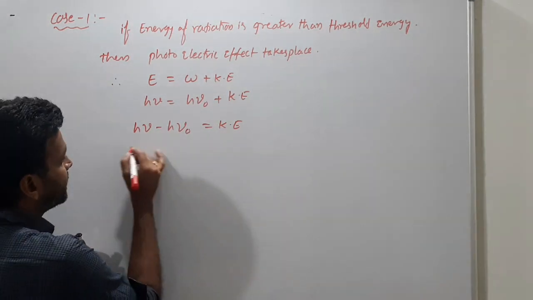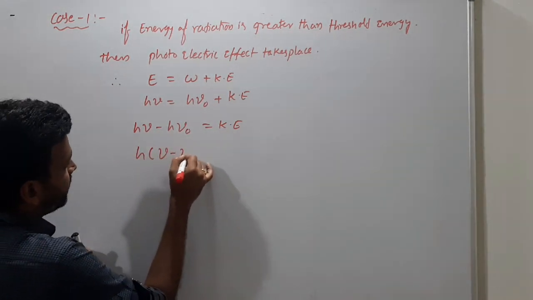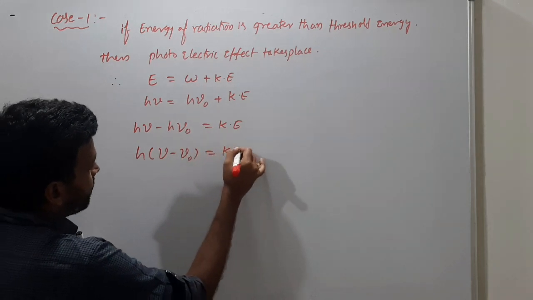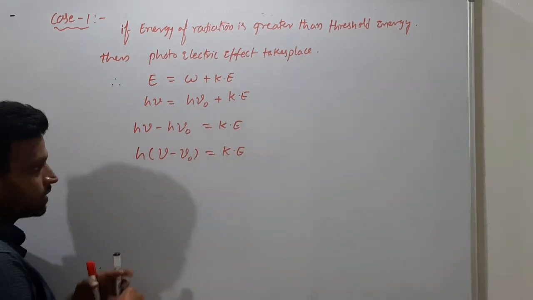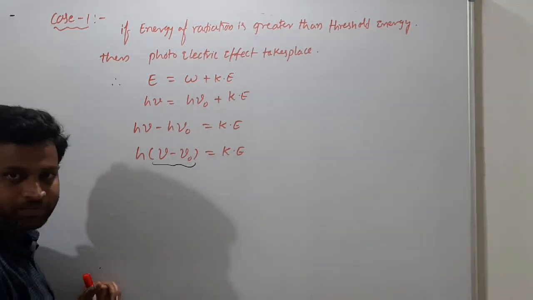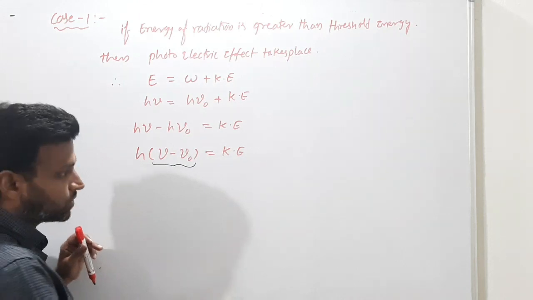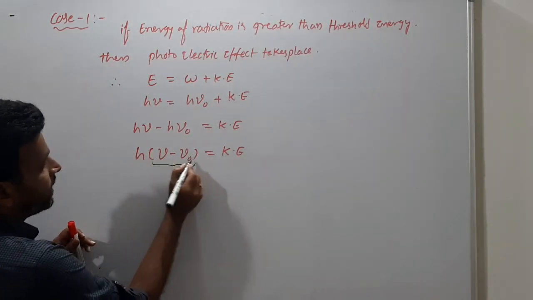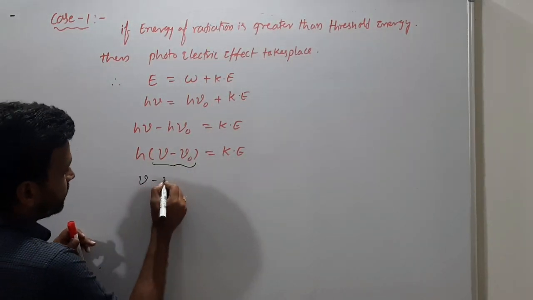Very simple other way. See, h into nu minus nu naught is equal to kinetic energy. So here nu minus nu naught is the difference in frequency. That also they will ask you. So h is common, so nu minus nu naught here. So what is nu minus nu naught?